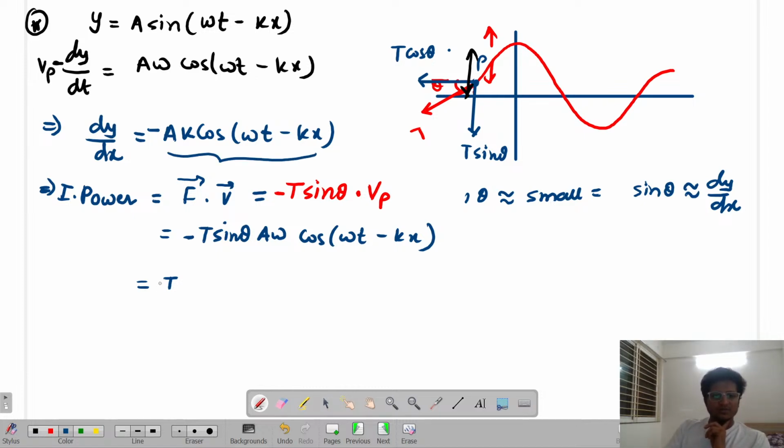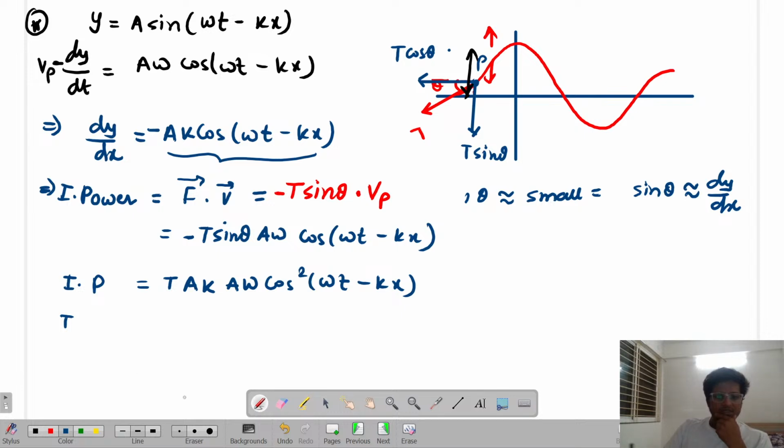Sorry, this is multiplied with the minus. Now minus minus will be plus. A k cos omega t, इसका भी cos omega t. So A k into A omega cos square omega t minus kx. यही रिलेशन आएगा ना बेटा? That is my instantaneous power, isn't it?